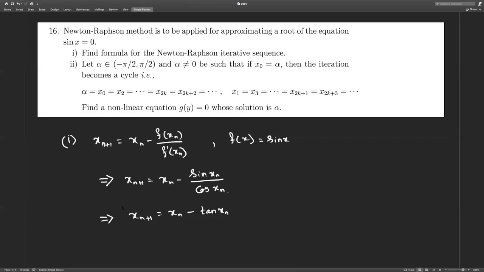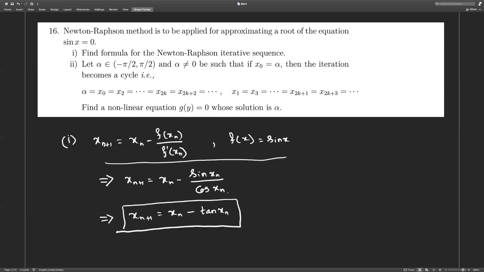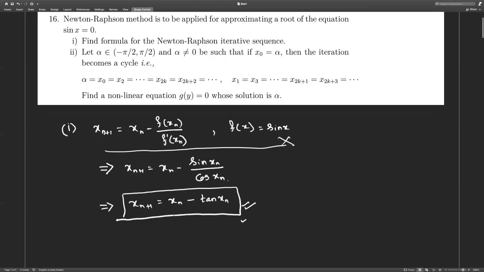So finally, what we want as the answer for this question is this and not this. It is correct, but this is not enough for us to accept as the formula for the iterative sequence. So this is the complete formula for us. So the first part is therefore very easy to obtain.